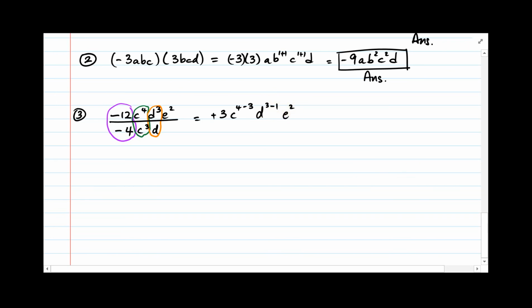E squared is not being divided, so it remains the same. Simplifying, I end up with 3C D squared E squared. All right. Any questions?